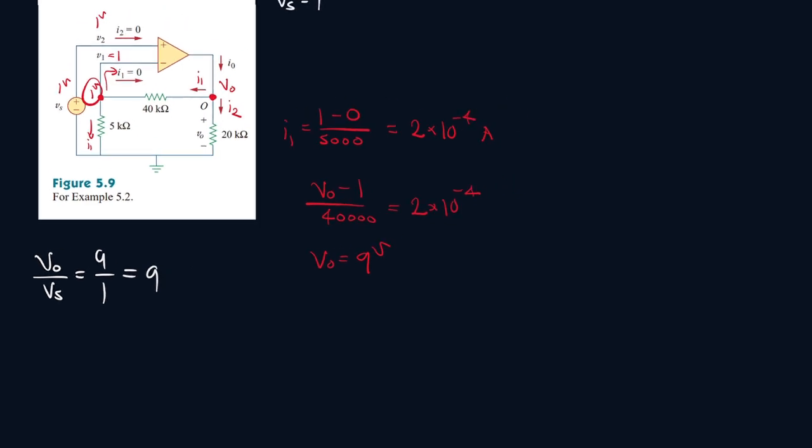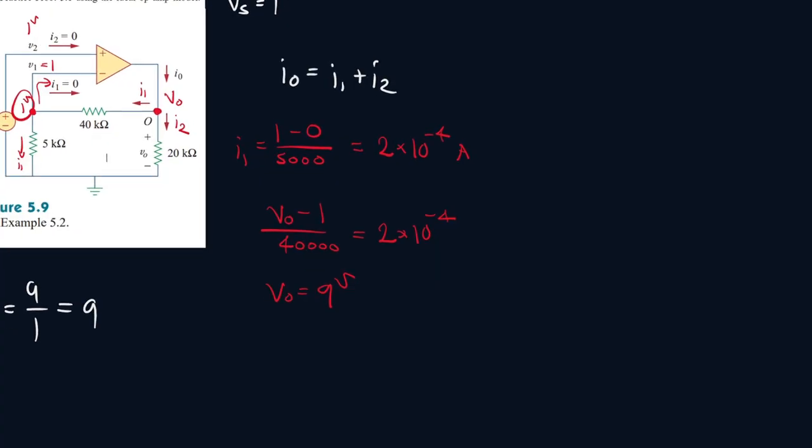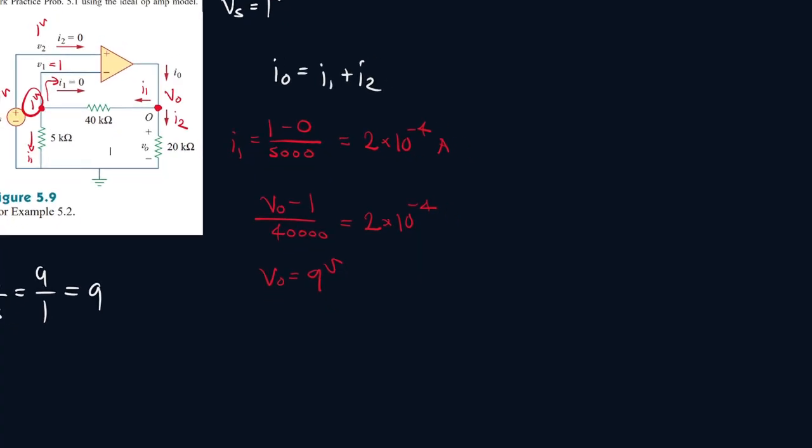Now let's solve for IO. We see IO will be equal to I1 plus I2, because I1 and I2 are both leaving the node. So we already know what I1 is. Let's solve for I2. I2 will be equal to VO all over 20,000 ohms.